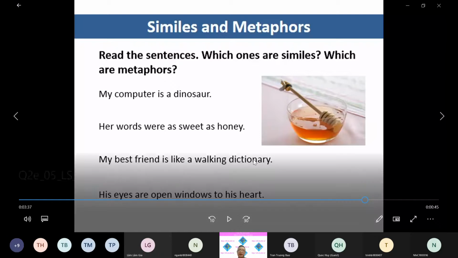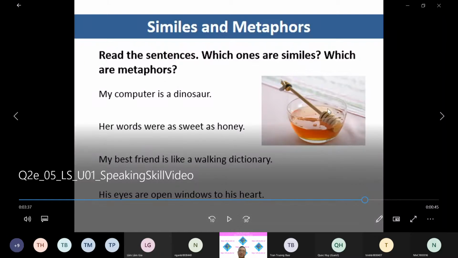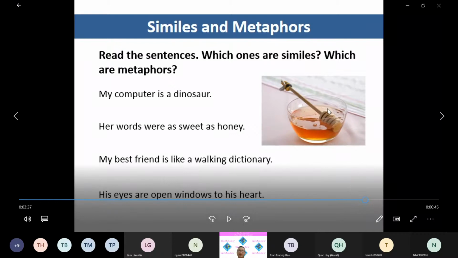I put it on the link already. So we have simile or metaphor. We have 4 sentences. Now think about that.